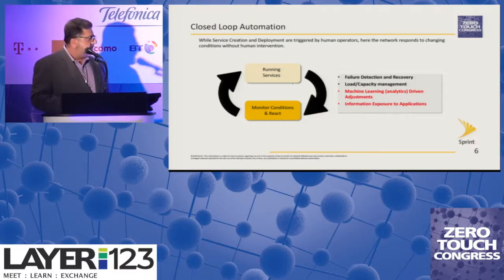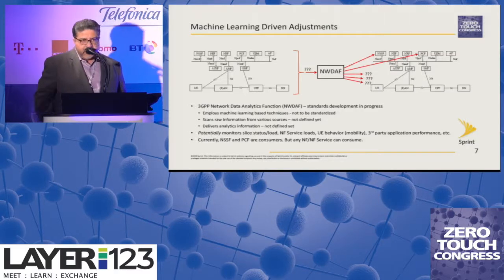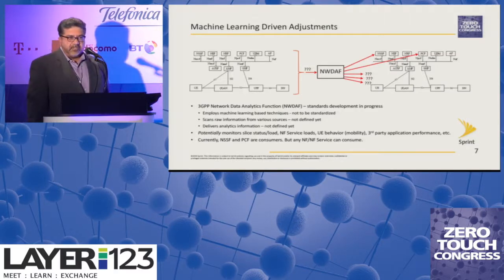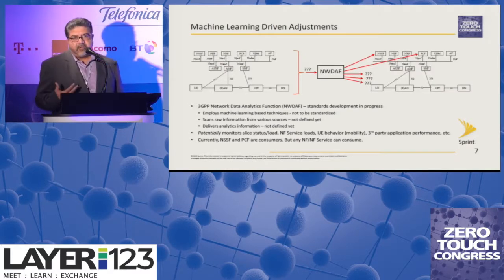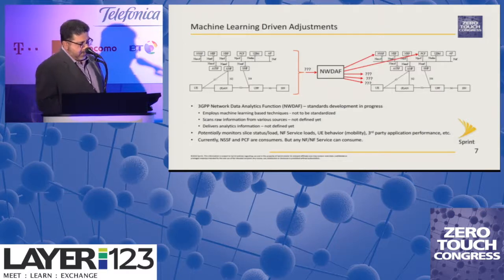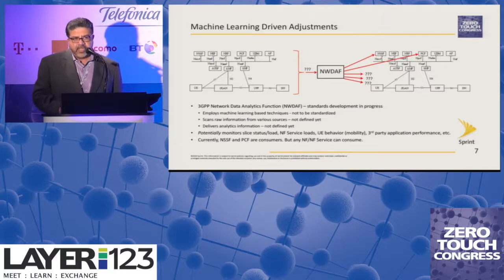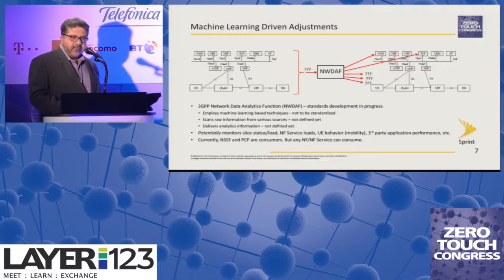In terms of machine learning, this is something where we're starting this in the standards. It's certainly a work in progress, so a lot of stuff has not been completed yet. But this is our automation work item here. You have this network data analytics function, NWDAF. It's really a central point to apply analytics. The input it can get is really any information from the core network, any core network entity, including application functions.